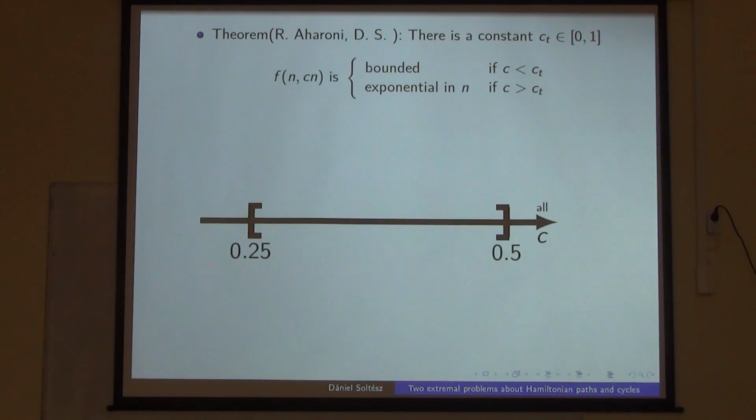In all interesting cases you can use Brooks' theorem, because the maximum degree is at most 4, it's connected, and it's not a complete graph. So it's colorable by 4 colors, and the largest color class is an independent set of size a quarter times n. If you forbid those, you can have only a single Hamiltonian cycle. So that's the trivial region.